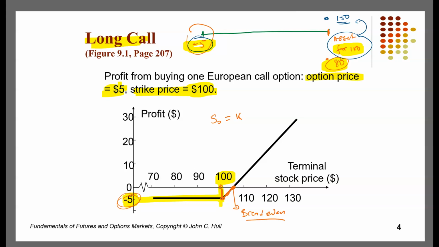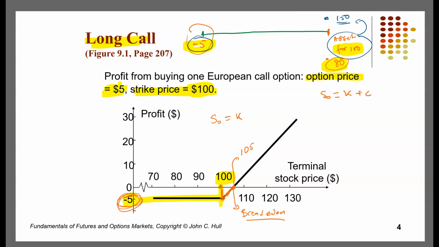And our break-even simply means that we've recovered the entire $5 that we spent. So this break-even point should be $105. So at $105, we are at the point where the value of the underlying here is equal to our strike price plus the cost of the option.